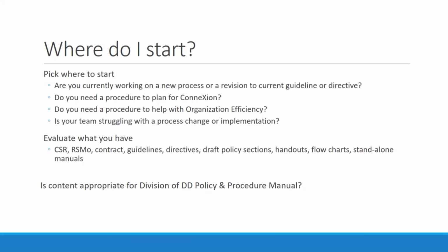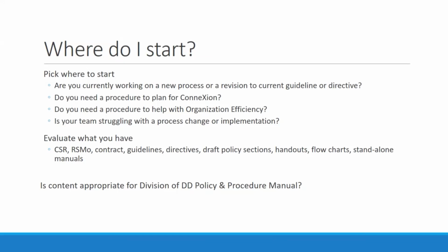We have language, or we have documents everywhere out there. Take the time, take a breath to really figure out what do you have out there that's going to dictate what you're doing. So, regulations, RSMo, look at your contract provisions. Is there something in guideline, directive? We have some draft policy sections that are floating out there. See if that is going to help with what you're wanting to do.